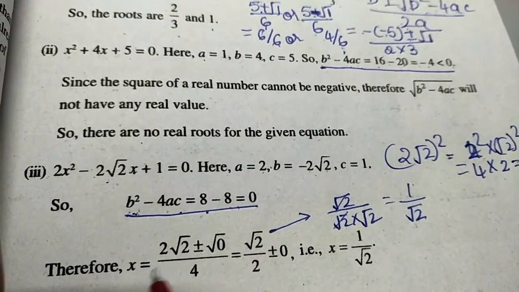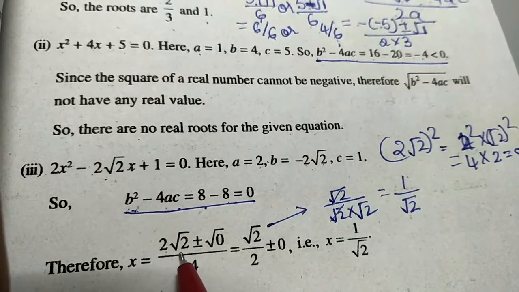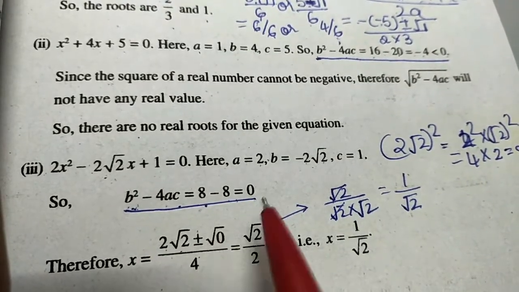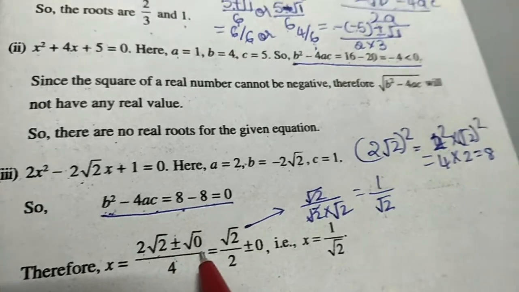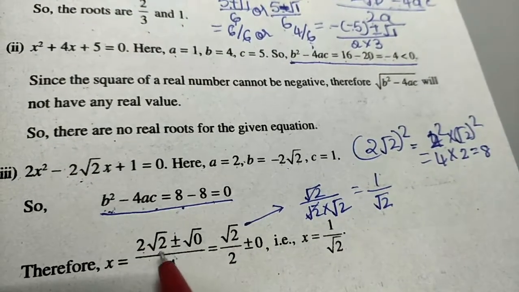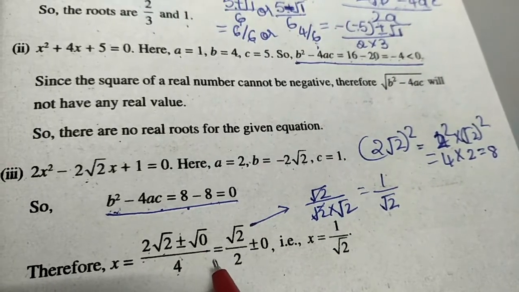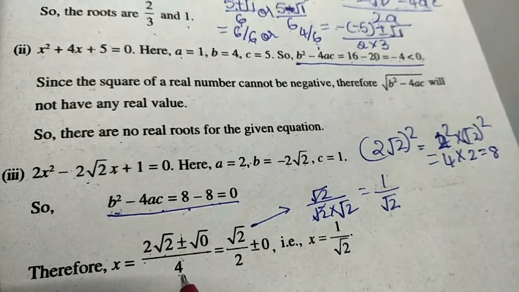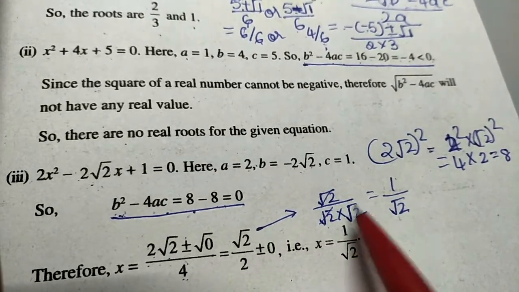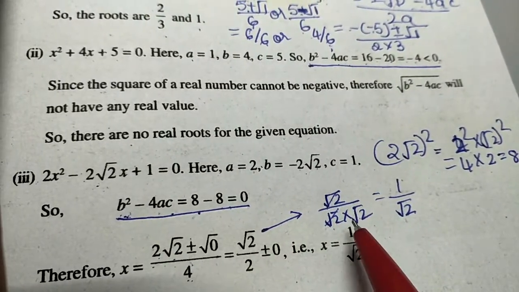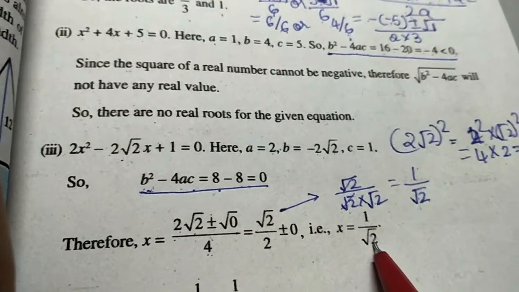Okay, so now x is equal to, we put in the formula, minus b plus or minus under root b square minus 4ac. Here you have got 0, so you put under root 2. Okay, so here you will have under root 2 upon 4, because 0 does not have any value. So under root 2 upon 2 under root 2 upon 4. Okay, so this under root will get cancelled here. So you'll have 1 under root 2, one value.